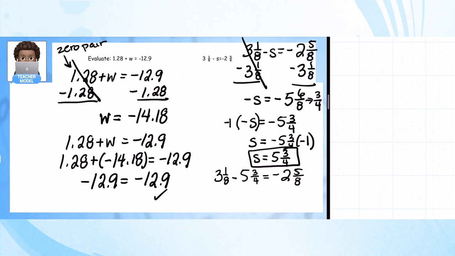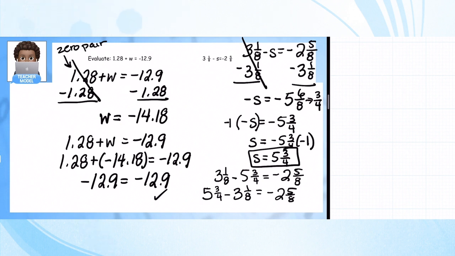So looks a little dicey. That's okay. So again, we're going to do some subtraction work. We have a positive and a negative. So I'm going to just rewrite this. 5 3/4 minus 3 1/8 is equal to -2 5/8.